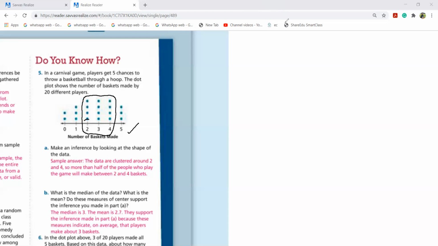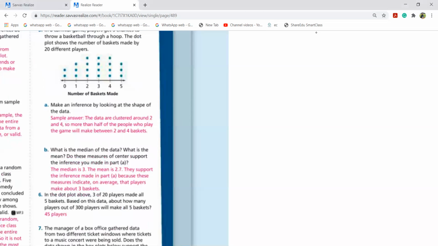Now, the second thing I need to explain to you is about median. What is the meaning of median? My teacher used to say to me, whenever you see the word median, remember, take the average. So what is the median of the data?